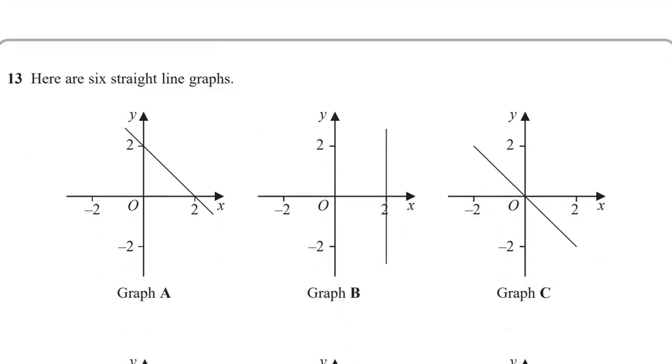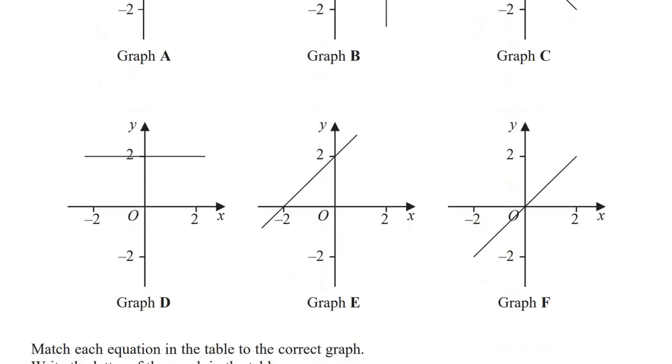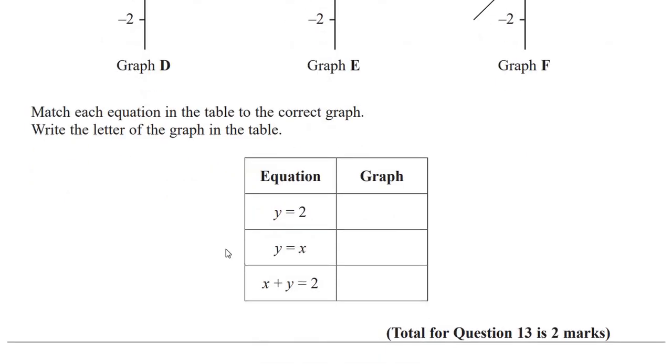Okay, next. There are 6 straight line graphs here. So the first 3, A, B, C, can be seen, and then D, E, F. These are the 6 graphs. Now we need to match each equation in the table to the correct graph.